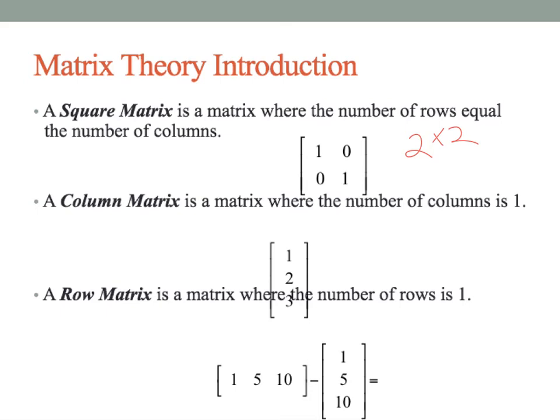These are just examples. It doesn't matter how many rows there are to be a column matrix. We just have to have one column. And then the opposite scenario, a row matrix, is where the number of rows is just 1. So this is our row matrix here.